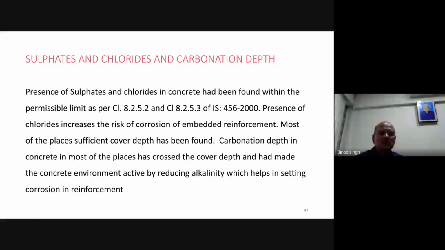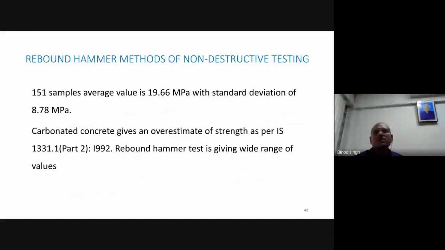That was also not a problem. We took 151 samples. Average rebound hammer strength was 19.66 with a high standard deviation of 8.78. So you can't rely on the rebound hammer and ultrasonic pulse velocity results. That has to be satisfied by the core test.